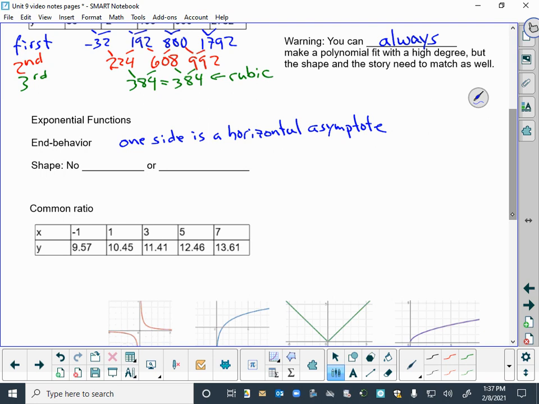That is something that doesn't happen in a lot of different functions, but it is characteristic of exponentials, so that's one of the things that we look for. The other thing that we notice in an exponential function is that we have no high points or low points, so we have no maximum and we have no minimum, no hills, no valleys.